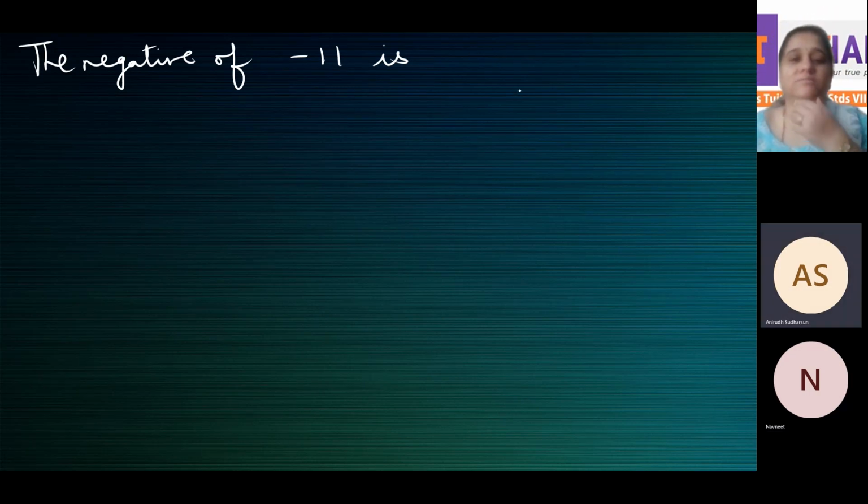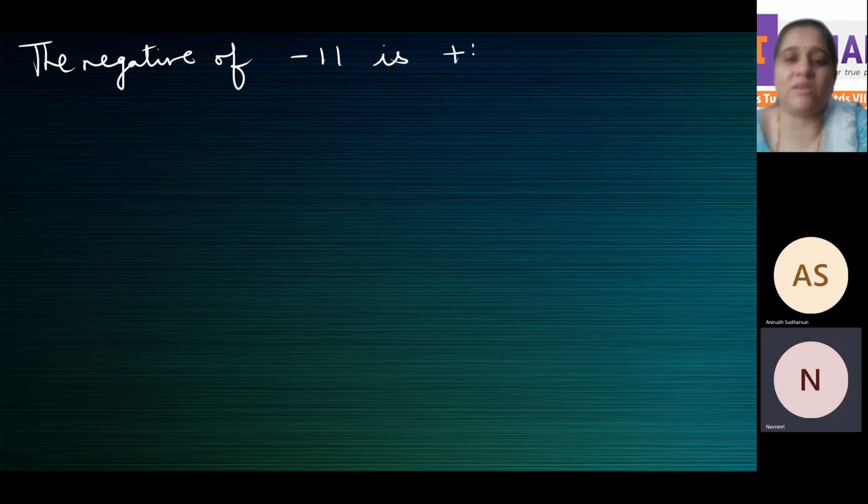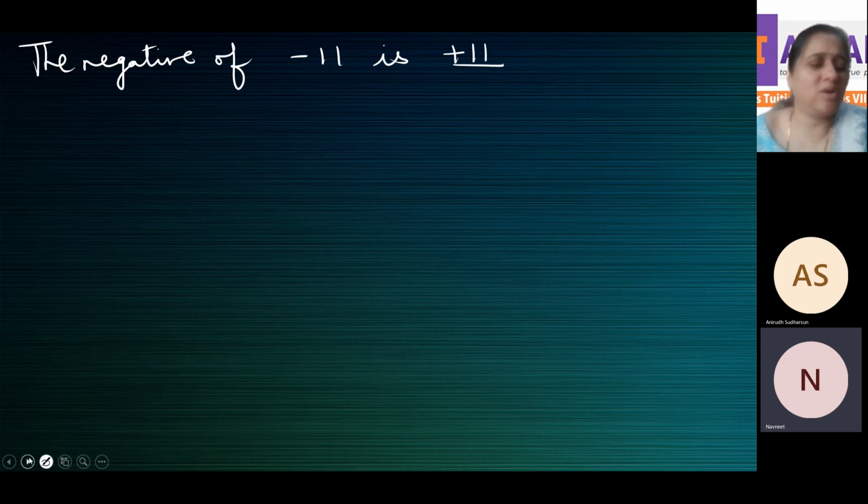Sign only you should change, not the number. For reciprocal, you should change the number, that is, turn the number upside down, not the sign. For negative, change the sign. Don't change the number. So the negative of -11 is +11, or simply 11 you can write. You don't have to say +11.